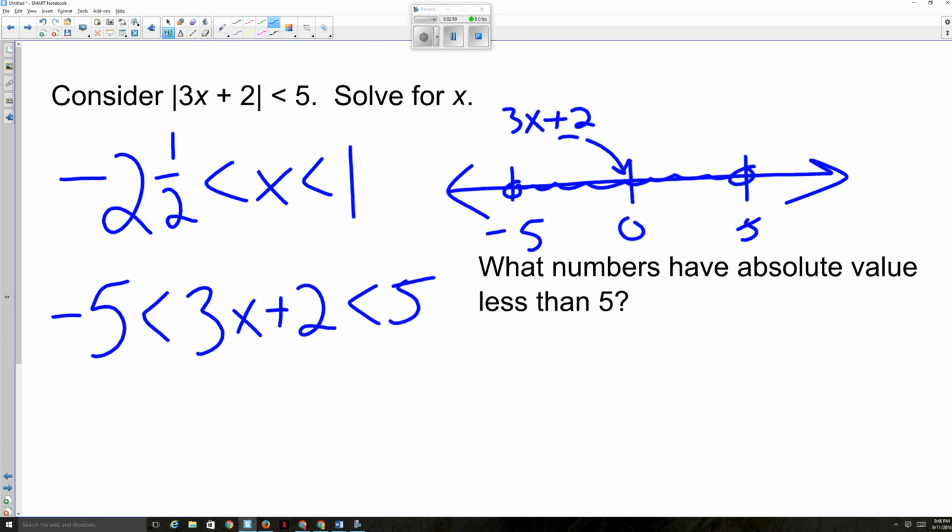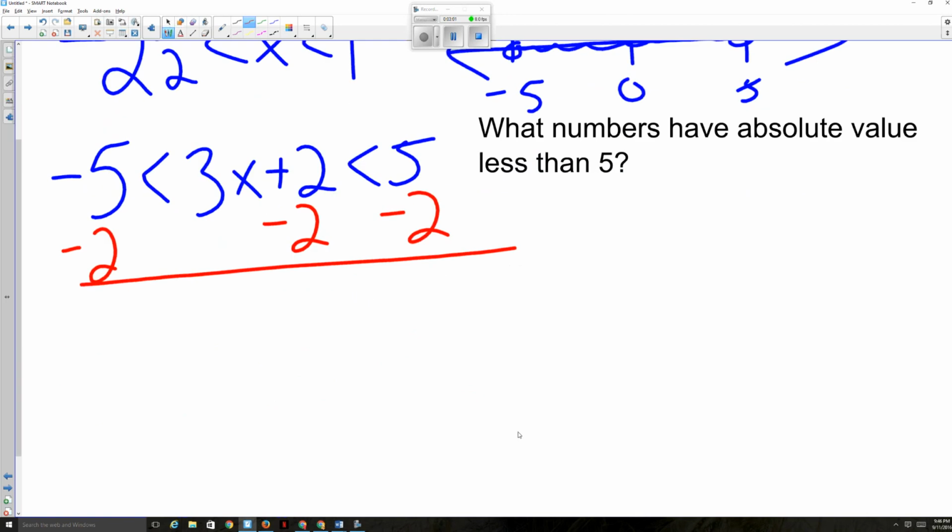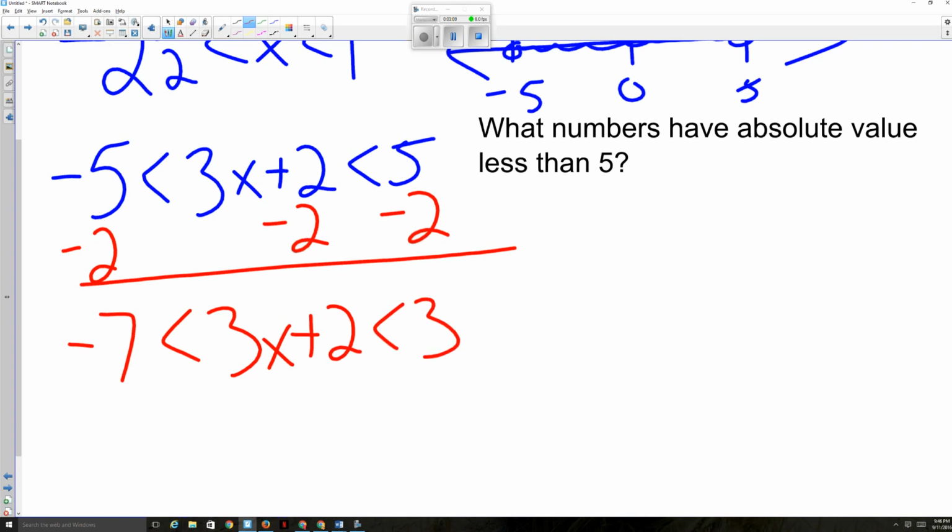All right, and so when we solve this, now we're going to subtract 2, but I have to subtract 2 here. I have to subtract 2 here. And so now what I'm going to get is -7 is less than 3x is less than 3. I subtracted that 2 away, right?